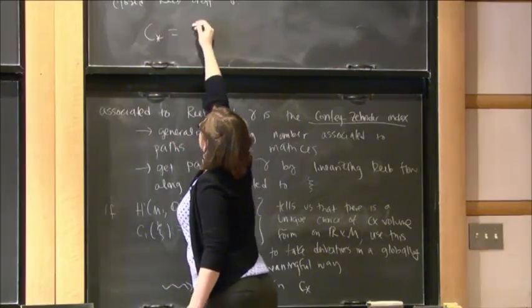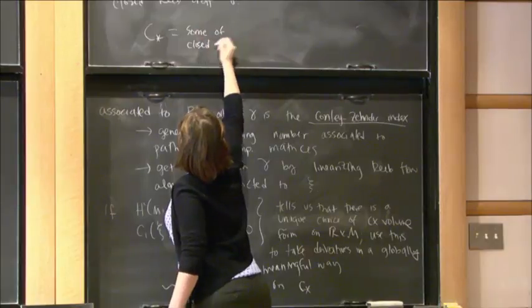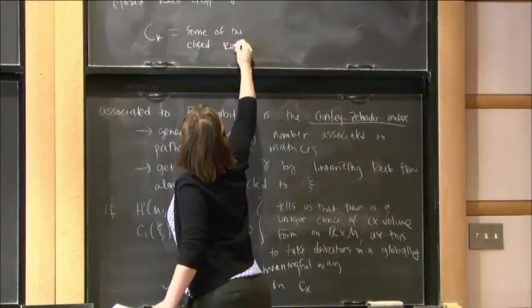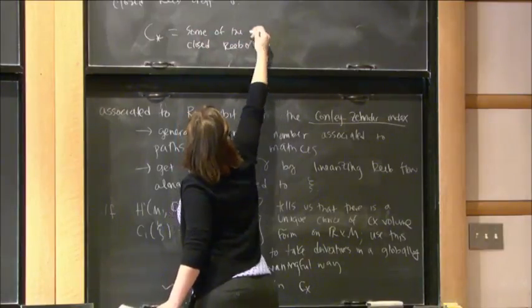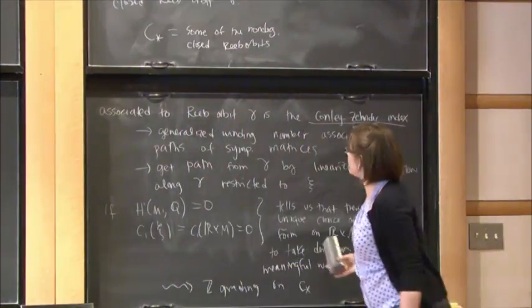Okay, and it turns out that this is going to be the sum of the closed Reeb orbits, which I'll explain in just a second.